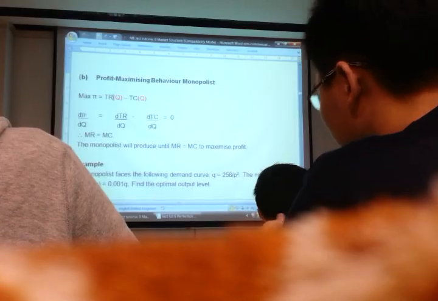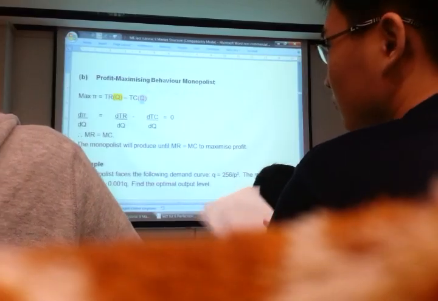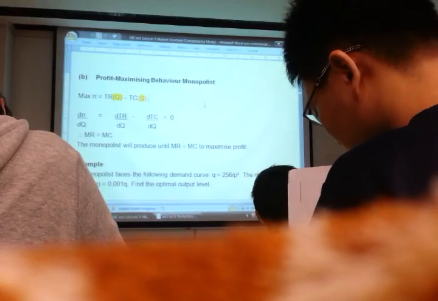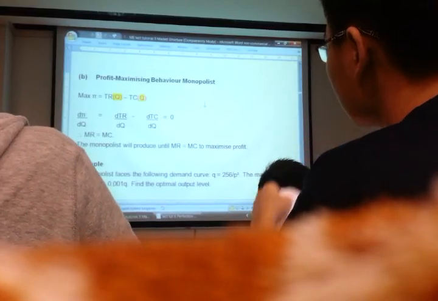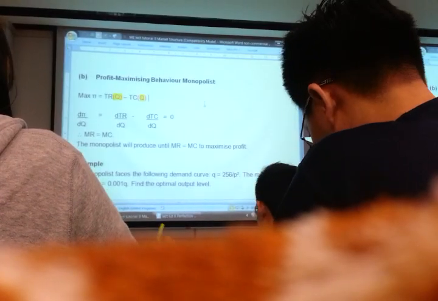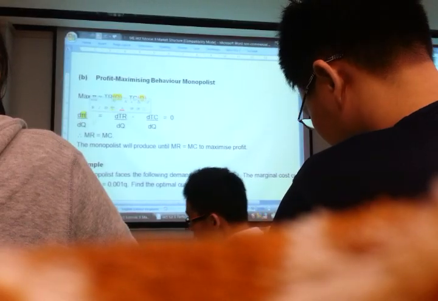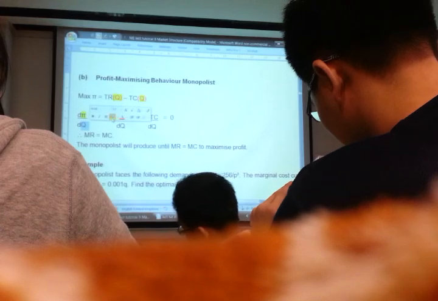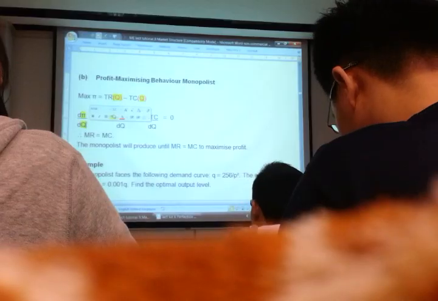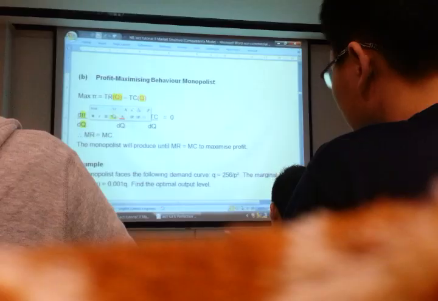The total revenue is a function of Q, how much the firm produces, and the total cost is also a function of Q. So if you are a monopolist deciding how much to produce, you differentiate profit with respect to Q and set it to 0. That will give you the optimal Q to maximize profit.